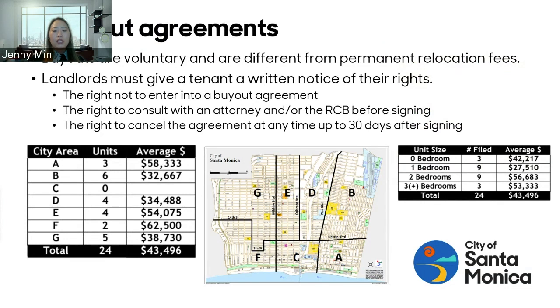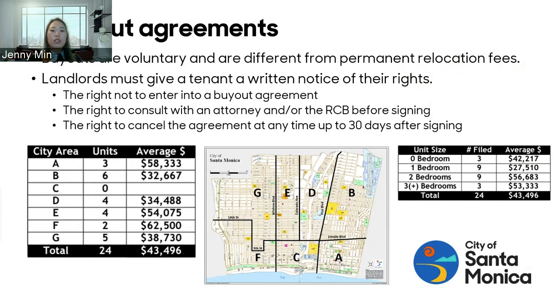However, there are things that the landlord must do, and one of them is that landlords must give a tenant written notice of their rights. Some of the rights that tenants have are the right to not enter into a buyout agreement, the right to consult an attorney or the rent control board before signing it, and the right to cancel the agreement at any time up to 30 days after signing it.